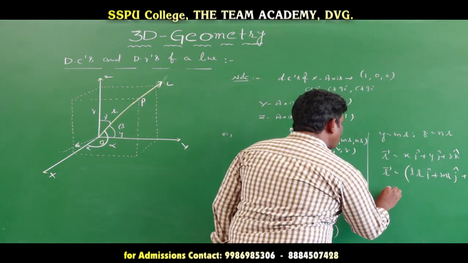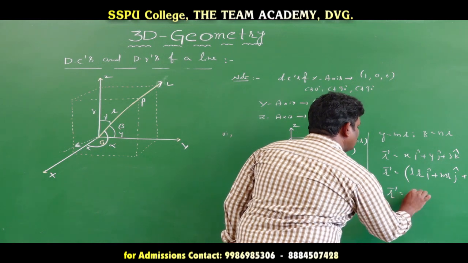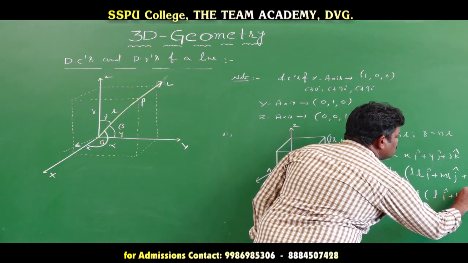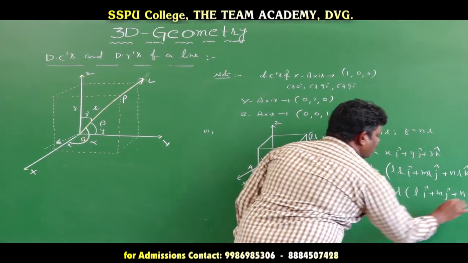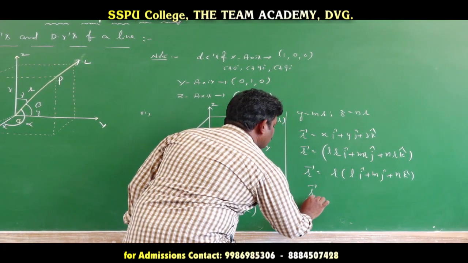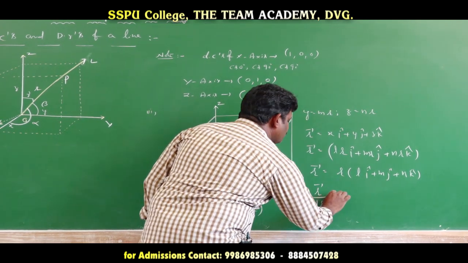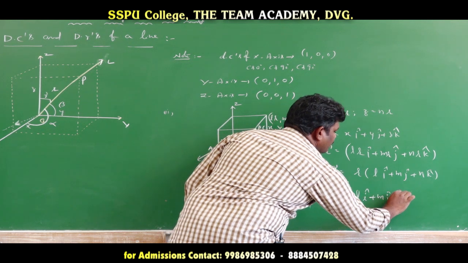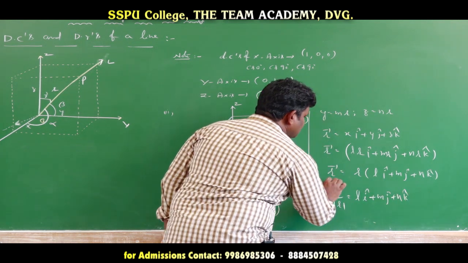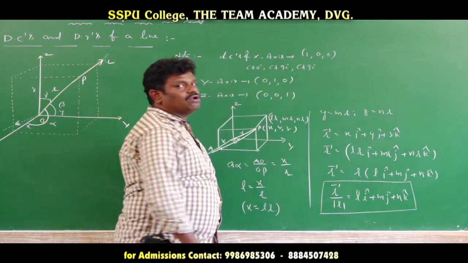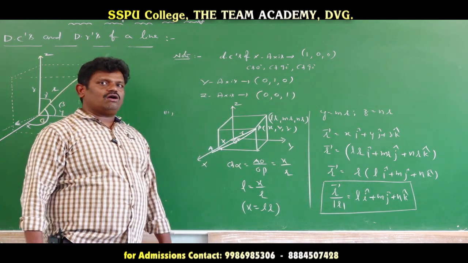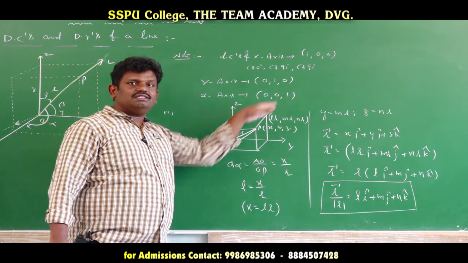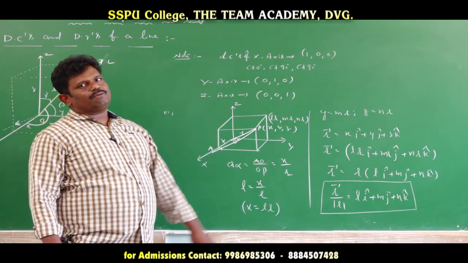Taking R common, R bar is equal to R times (L I cap plus M J cap plus N K cap). So the unit vector of R is L I cap plus M J cap plus N K cap, and this represents the direction of the vector.